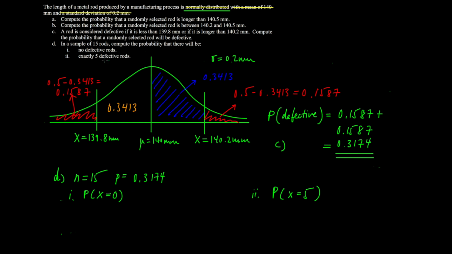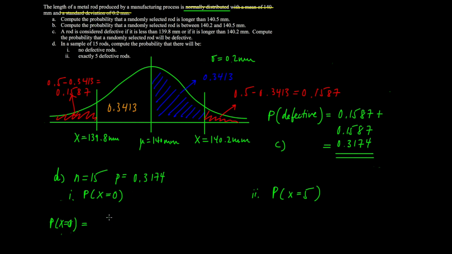So if I want there to be no defective rods, and I picked P as my success of the rods being defective, then P of X will equal 0, right? If I had picked the P to be the rods being non-defective, then P of X would have had to equal 10, right? So I'm going to solve for P of X equals 0 using the probability of defectives.